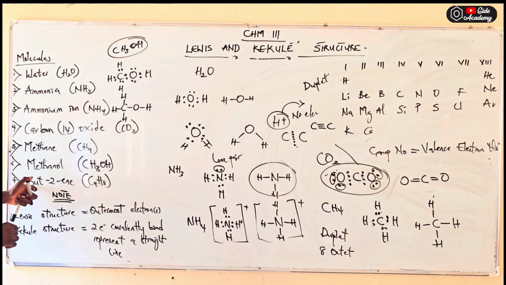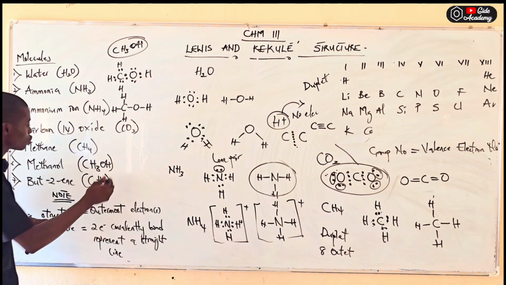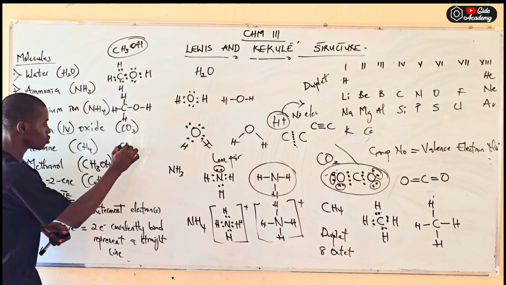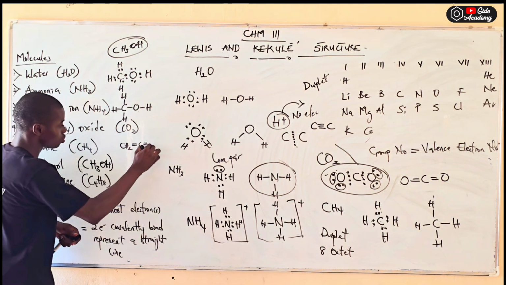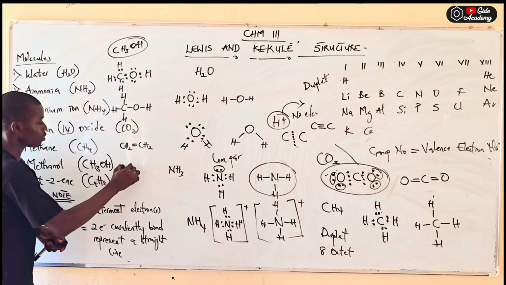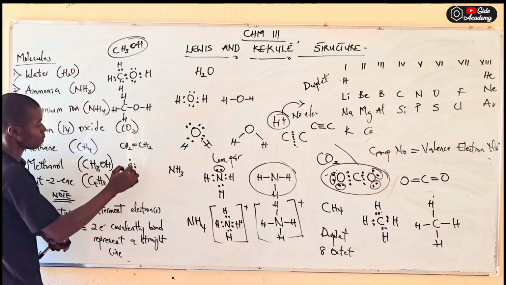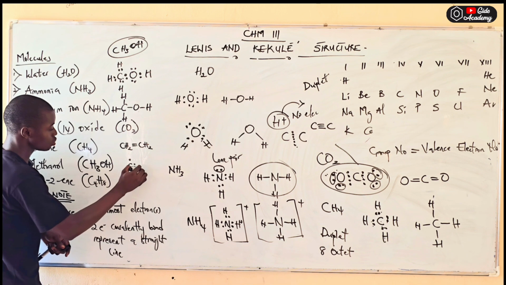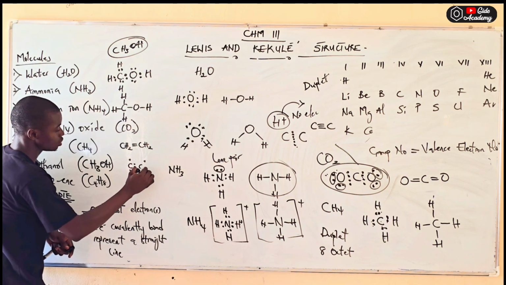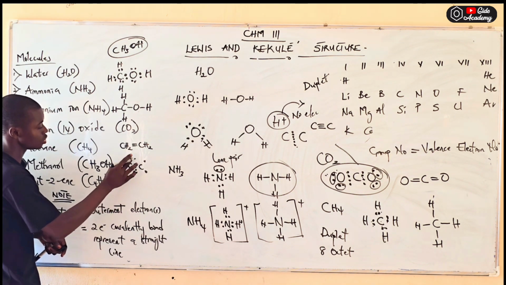Then the last one we're dealing with here is butene. Butene can be written as CH2 double bonded to CH2. This simply means carbon atom 1, 2, 3, 4. Let me rearrange this, please.